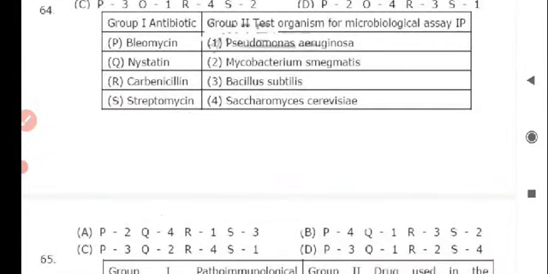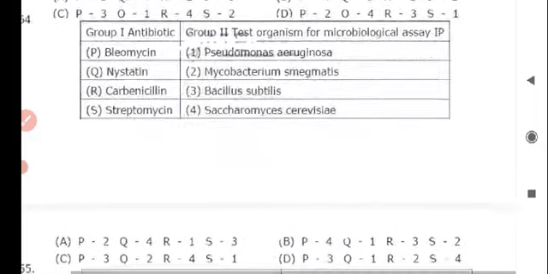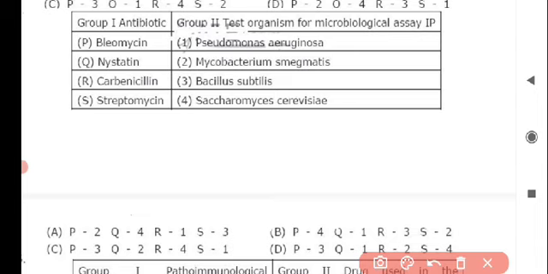For this question, column 1 contains antibiotic, while column 2 contains test organism for microbiological assay IP. For the first option, that is bleomycin, the correct answer is Mycobacterium smegmatis.